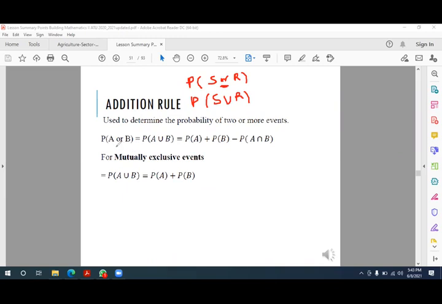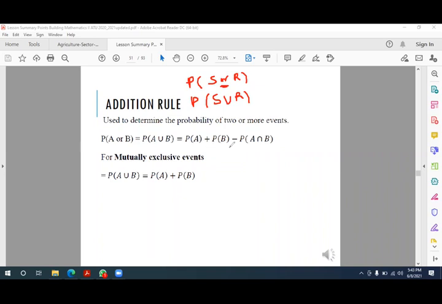And the addition rule says if you have events A and B, also A or B, and you want to find the probability, then it's represented, like I said, using the union, P of A or B. And that is expressed as P of A plus P of B minus P of A intersection what? B. So that is the formula there.